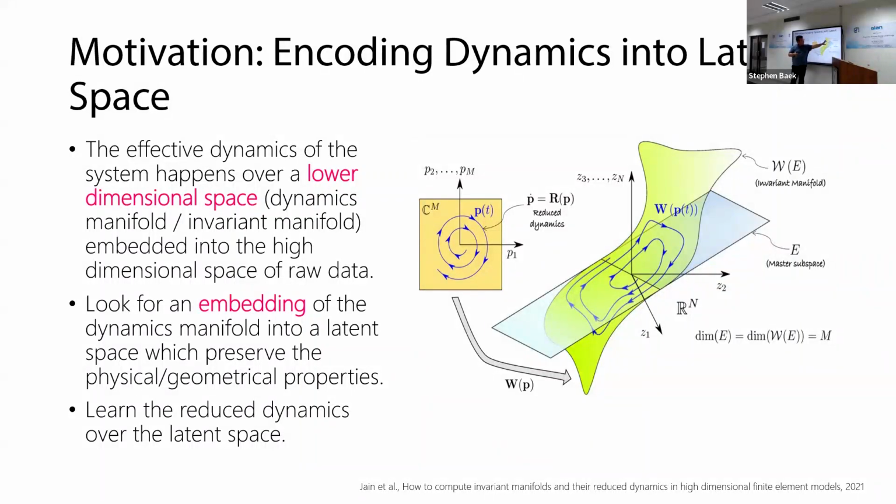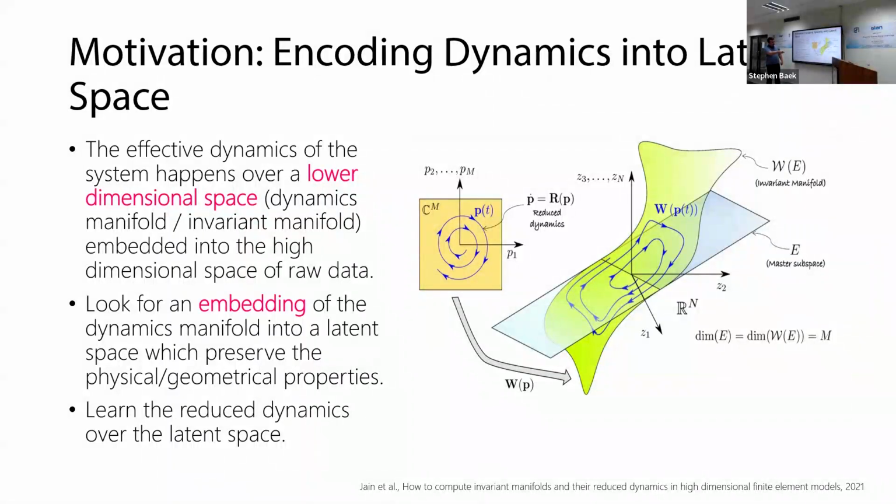In terms of the terminology, we're going to call it an invariant manifold or the dynamics manifold, okay? And on that dynamics manifold, we assume that there's some interesting dynamics happening, which is denoted as a trajectory or a curve on that manifold.